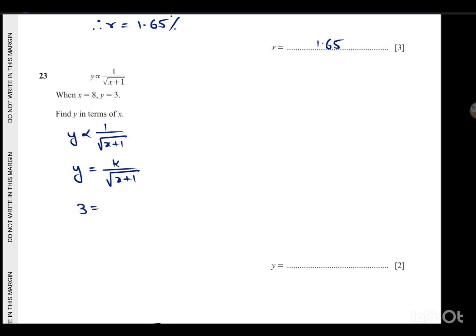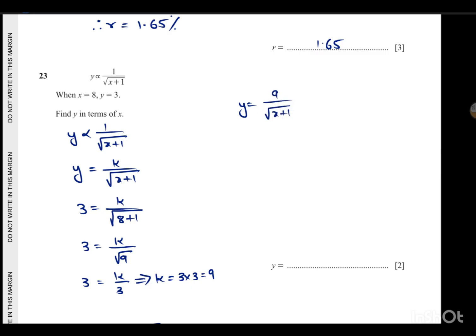Y is 3, so 3 equals k by root 8 plus 1. X is 8. So 3 is equal to k by root 9, and 3 is equal to k by 3. This gives k as 3 into 3, that is 9. Now keeping this k value in the equation, in the place of k we write 9. So 9 by root x plus 1 will be y in terms of x.